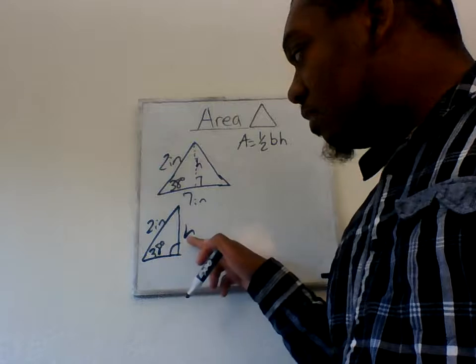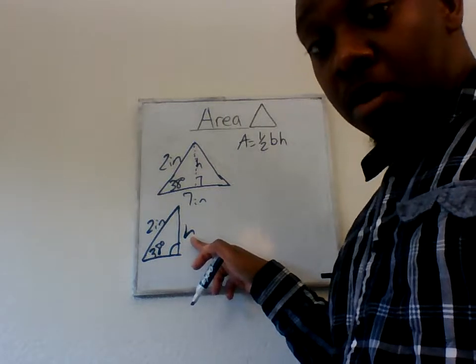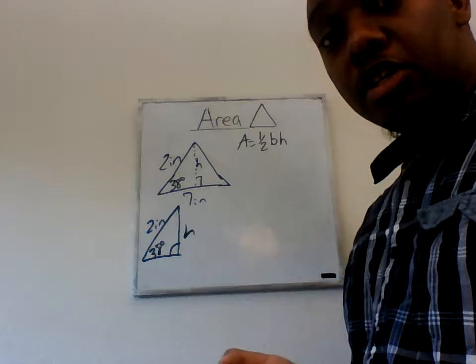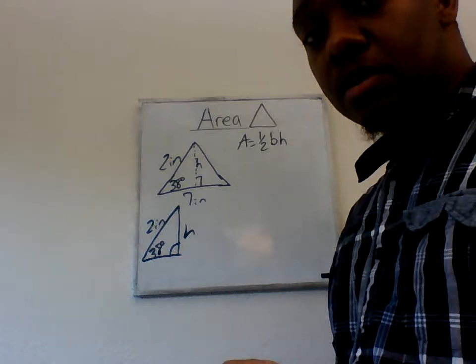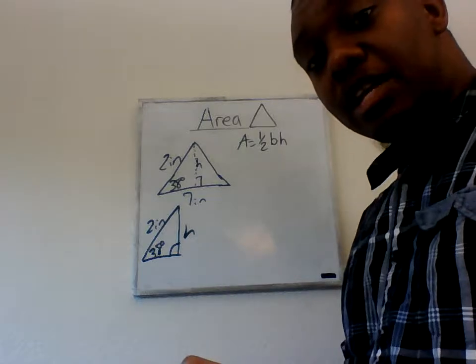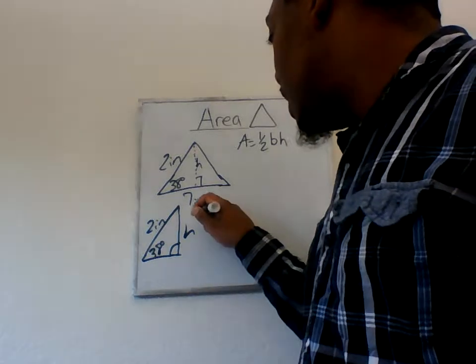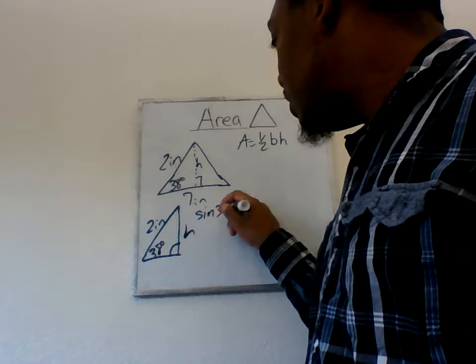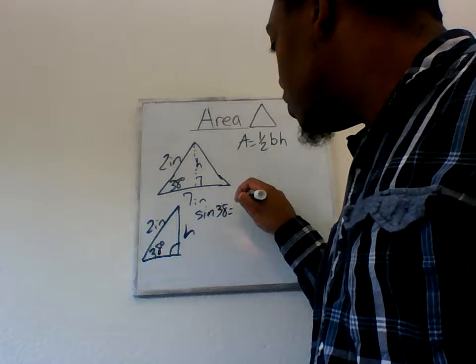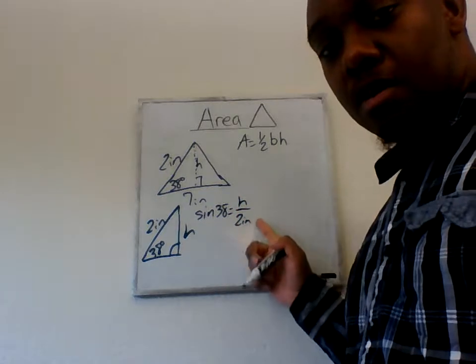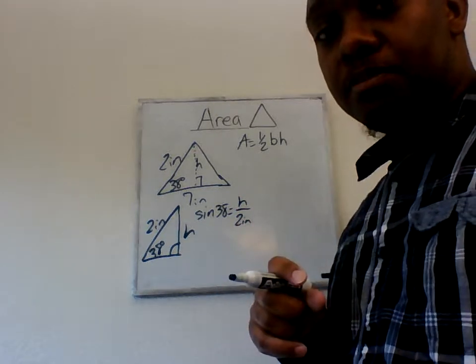Which trigonometric function uses opposite and hypotenuse? That's right, sine uses opposite and hypotenuse. So this means that sine of 38 degrees is going to be equal to opposite over the hypotenuse, so the height over the 2 inches.